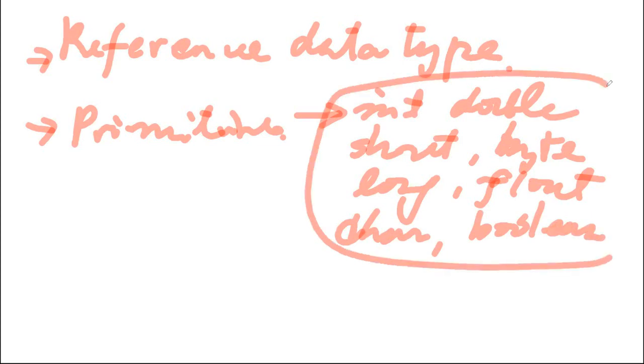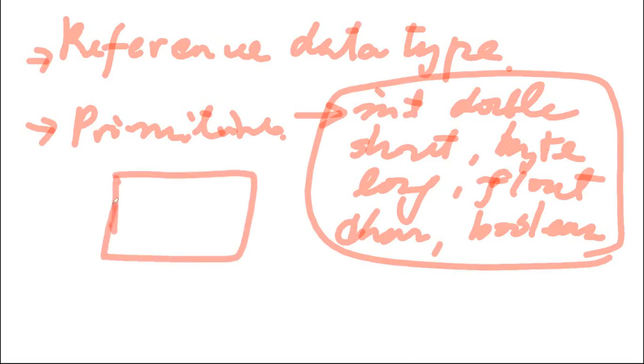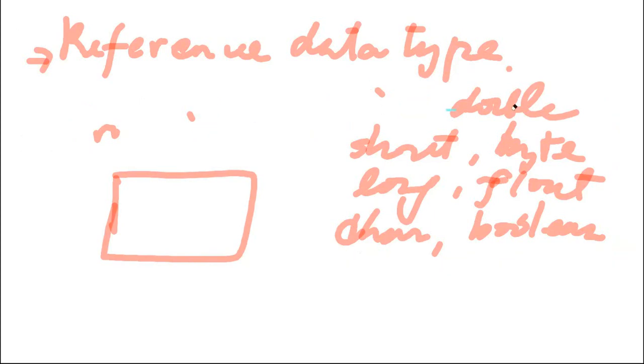These are primitive data types, okay? So a primitive data type basically has a fixed size of memory, and a reference data type doesn't have a fixed size of memory.